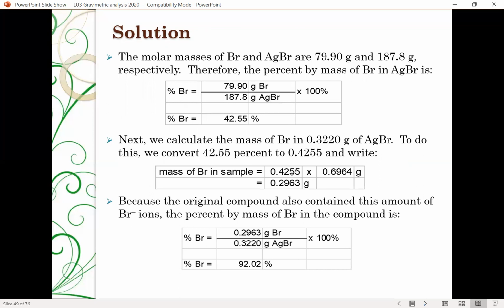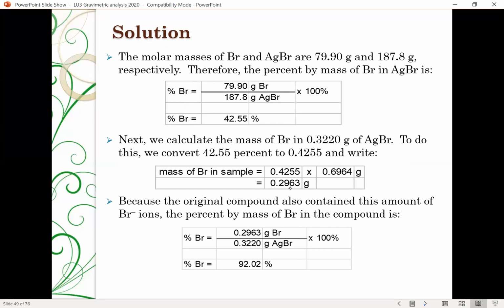When you want to get the mass of Br in the sample, you multiply your gravimetric factor with the mass of your precipitate. Why? Because the mass of Br in your precipitate is the same as the mass of Br in your sample, because the precipitate is taking all the Br in your sample. So this is the mass that you get for Br in your sample.